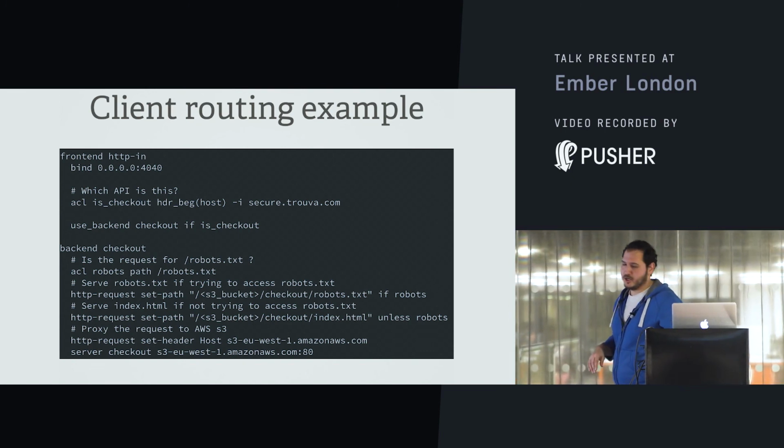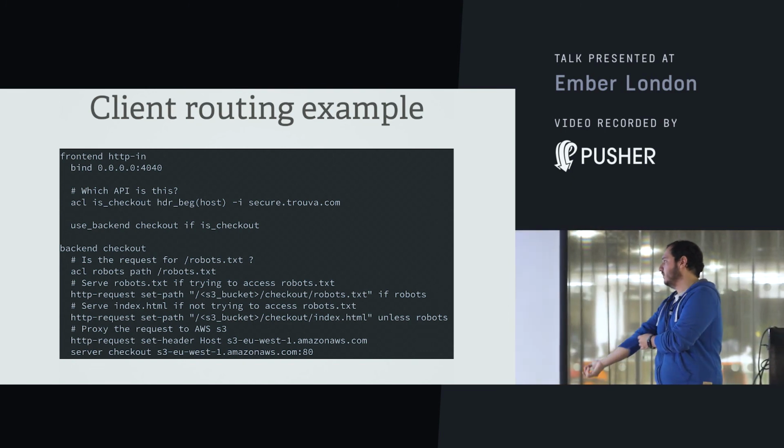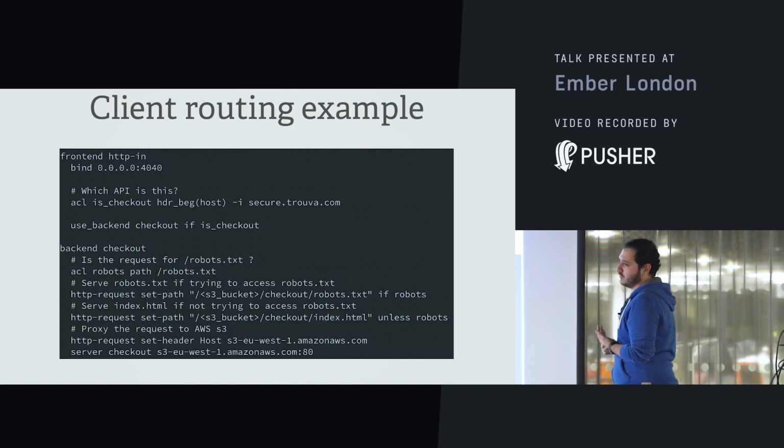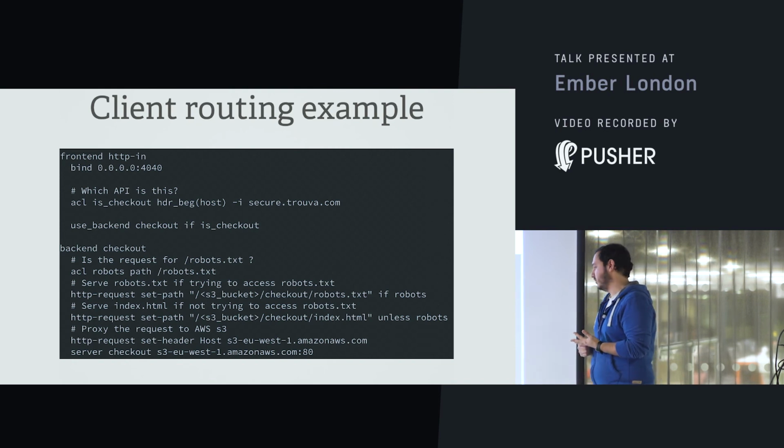So then our backend here is called checkout, and we want to do 2 things. We either want to serve the robots.txt if they are trying to access the robots.txt, or we just want to serve our main checkout app. So you can have multiple ACLs inside a backend.